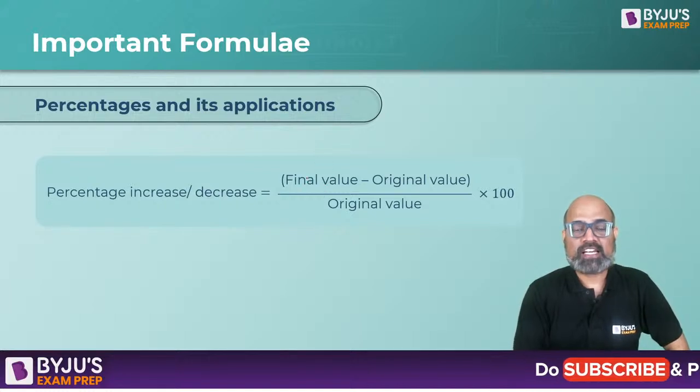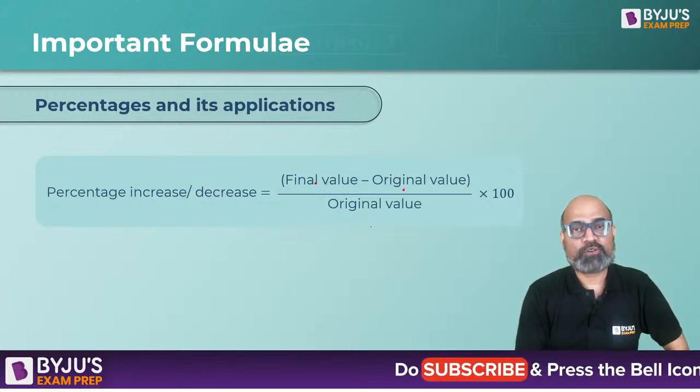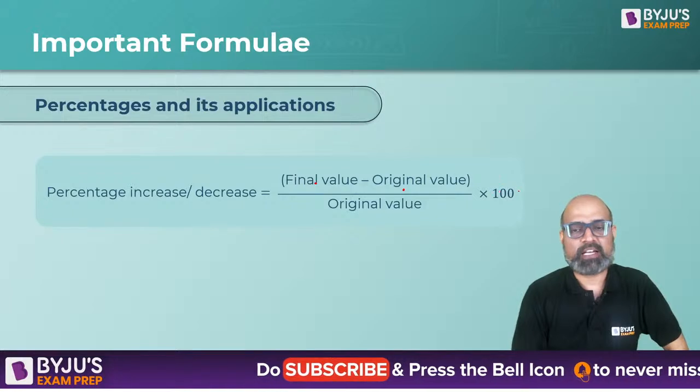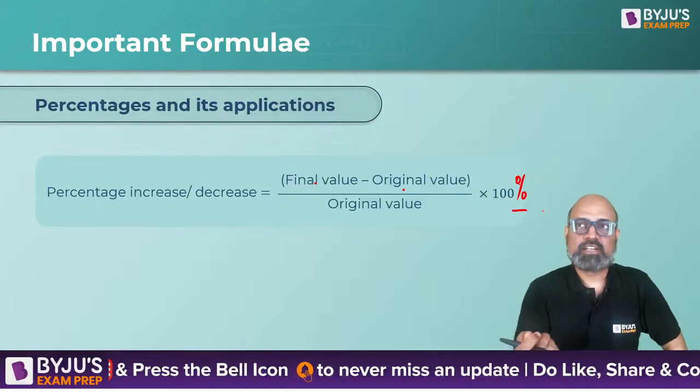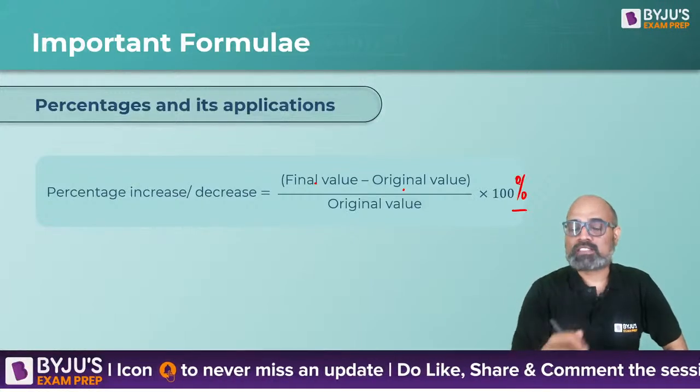You calculate it as final value minus original value, divided by original value, and then you multiply it by 100, and it results in the percentage that you are looking at. So let's take an example to understand this.